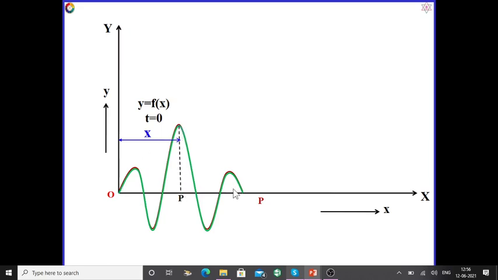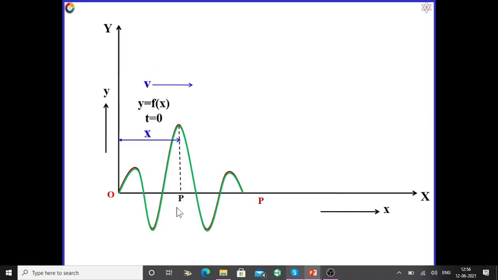Let this be your situation at t equal to 0. Suppose you are measuring the time, and with time how this pulse changes its position. So at the initial time, let this be your situation. Here it starts from the origin and goes up to this much, one pulse, and this one pulse is moving towards the positive x-axis direction with velocity v.